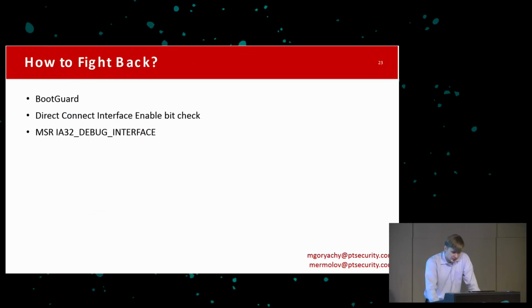And that leads to the question: how can we protect ourselves from such Trojans? We propose activating Boot Guard in order to prevent the modification described in the first technique. Then you can check the DCI enable bit and the debugging disabling register through the special debug interface MSR. In this case, DCI may be enabled, but execution cannot be stopped.